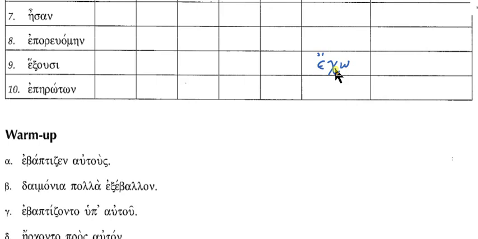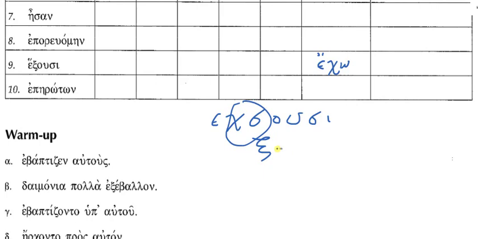It's the future. Can you imagine how it is that hexucine can be a future based on that xi right there? Yes. What's the tense formative for the future? Sigma. So if you have this plus a sigma and then the usi, can you see where that can become a xi? Yeah.